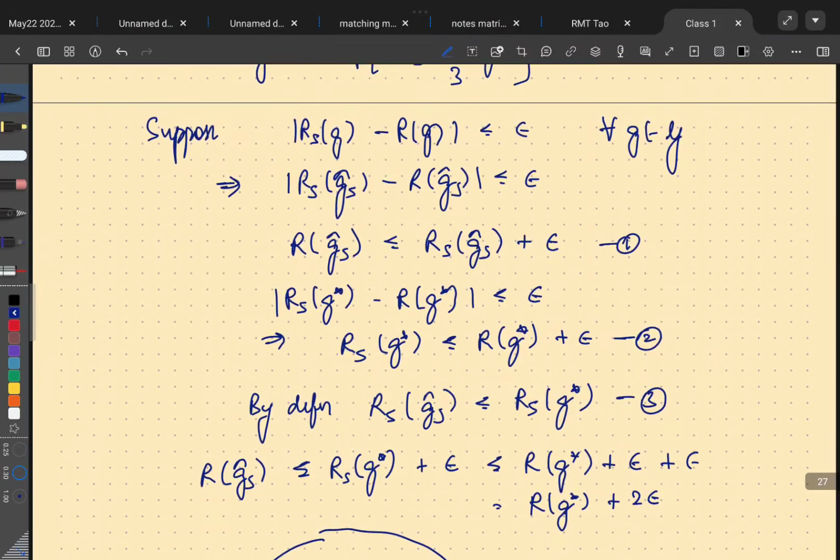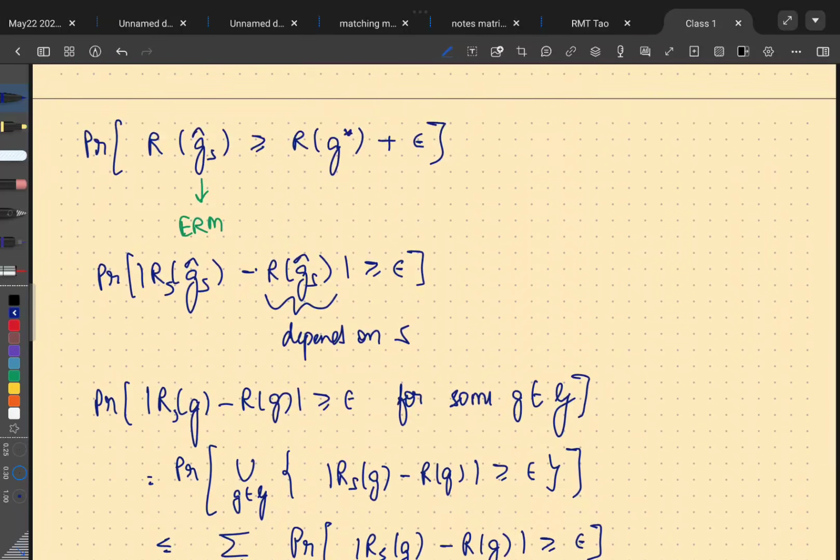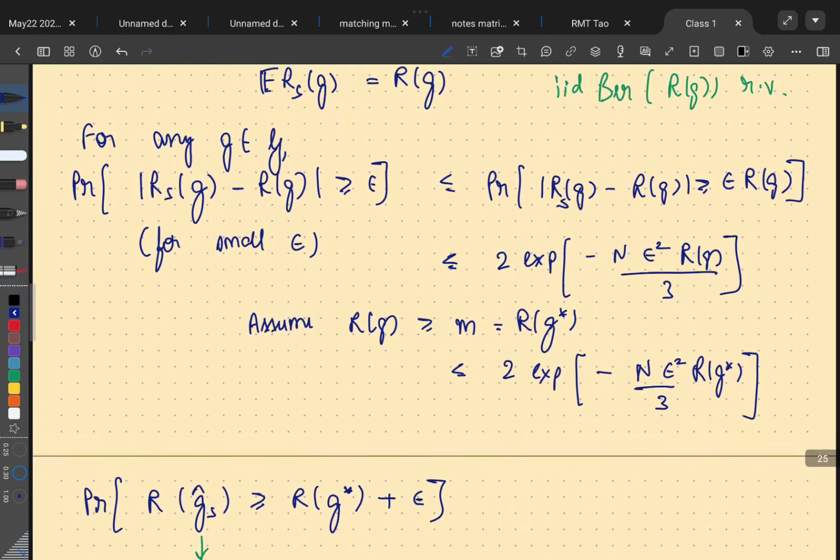Yep. To the Chernoff one. The Chernoff bound, okay? Here? This also works for G hat of S, right? This does not work for G hat of S. The Chernoff bound does not work for G hat of S. But it works for any fixed G, because I want this Bernoulli parameter to remain fixed.